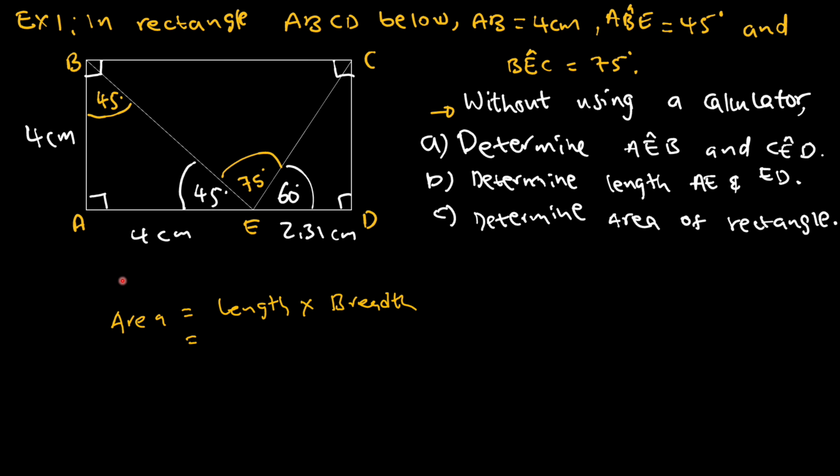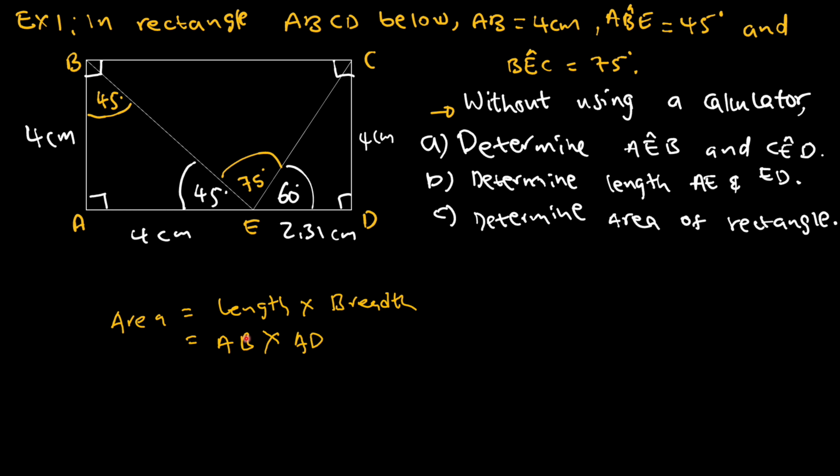We know AB to be the length, and the breadth is AD, or you can say BC. I'm saying AD because I have the values here, and for AB, I have the value here. We know from the previous slide that it is equal to 4 centimeters.